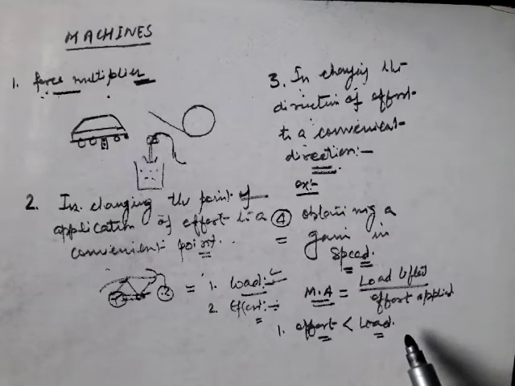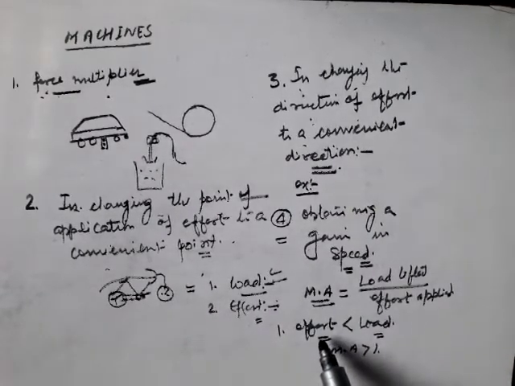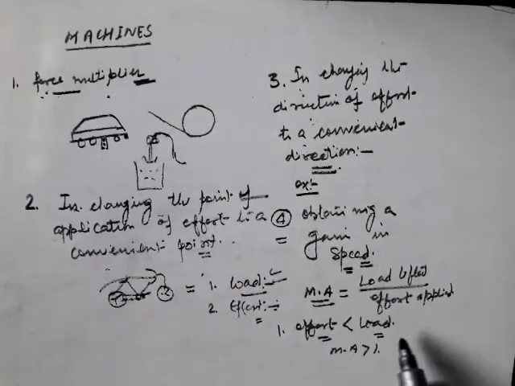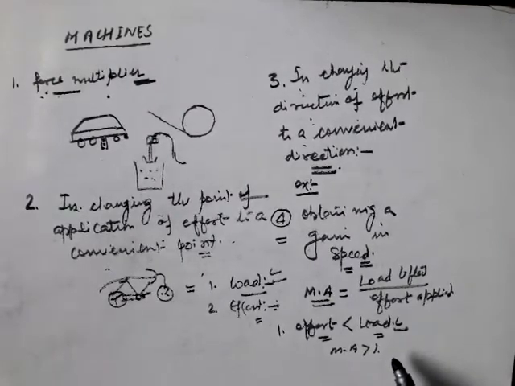The machine has a mechanical advantage greater than 1. In this case the mechanical advantage will be greater than 1. Means if the effort we are applying on the machine is less than that of the load, in that case mechanical advantage is greater than 1. Okay, this is the first case. There are some criteria also.